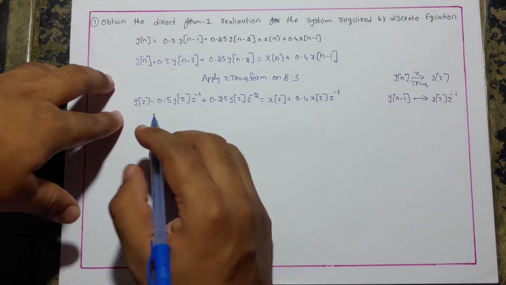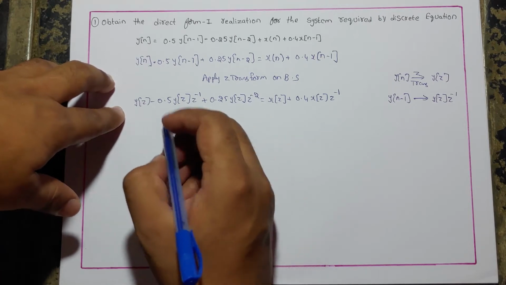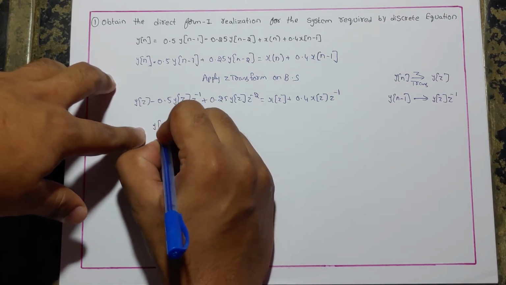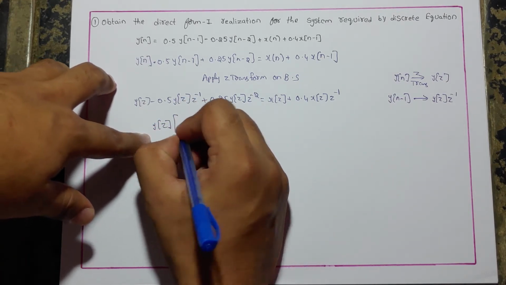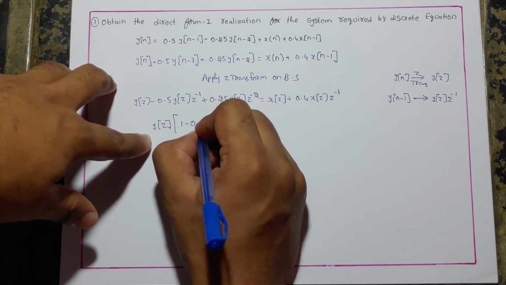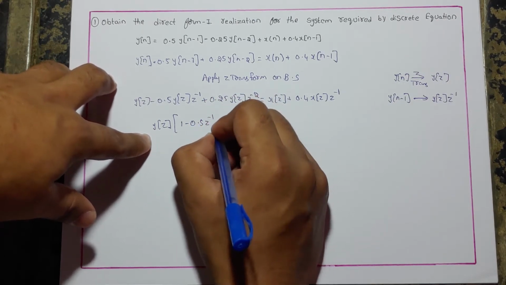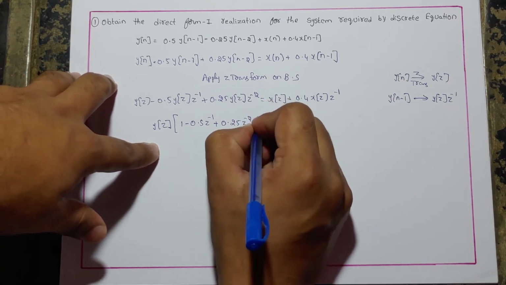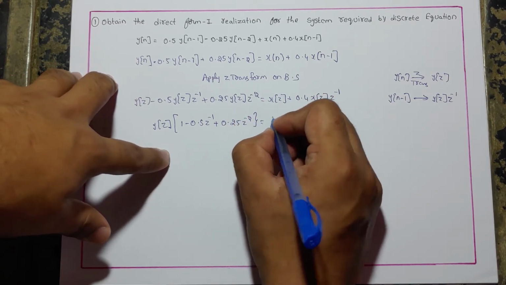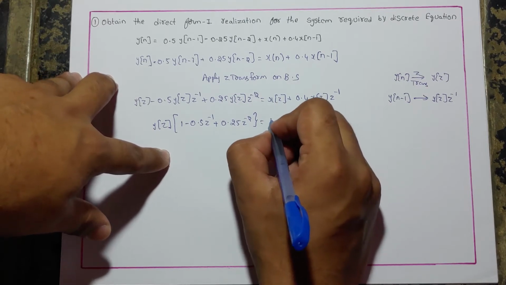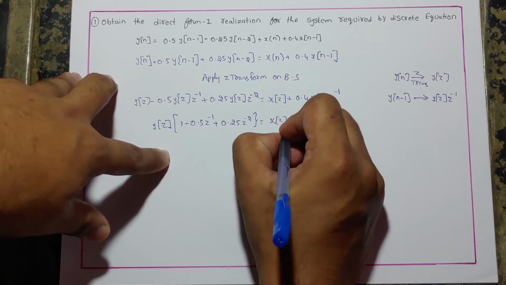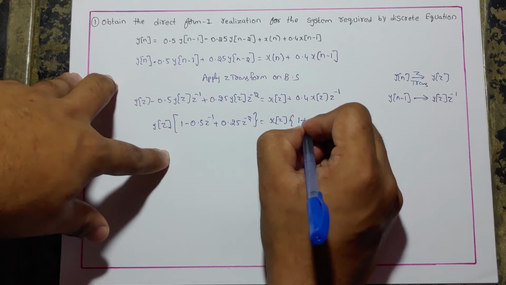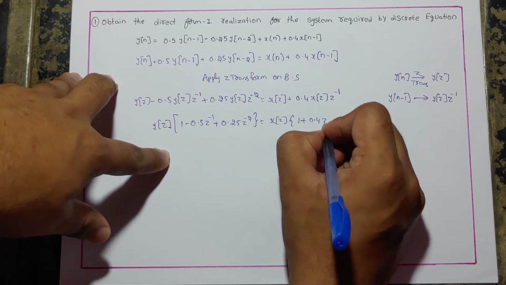Now let us take common of y of z in the left hand side. That is, y of z into 1 minus 0.5 times z power minus 1 plus 0.25 times z power minus 2 is equal to, let us take x of z in this side common. X of z into 1 plus 0.4 times z power minus 1.